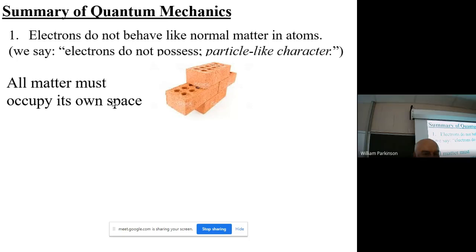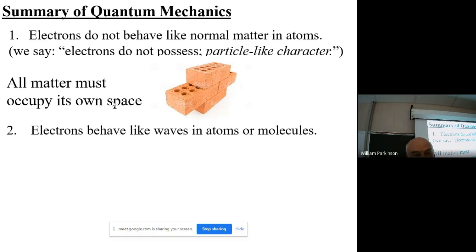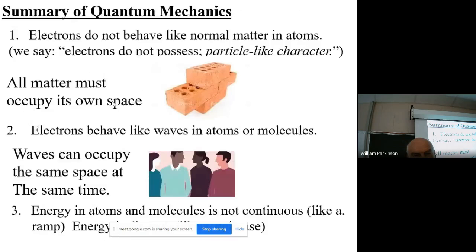If electrons were truly matter when they were in an atom, they would each have to take up their own space, just like I'm showing in this cartoon here, where every brick you see in the picture is taking up its own space.